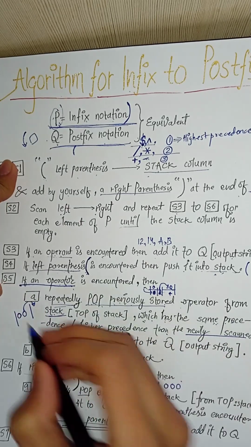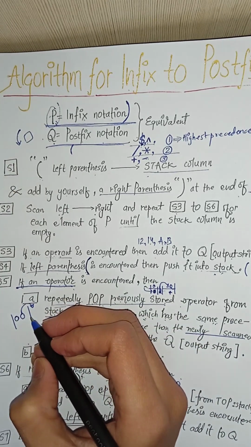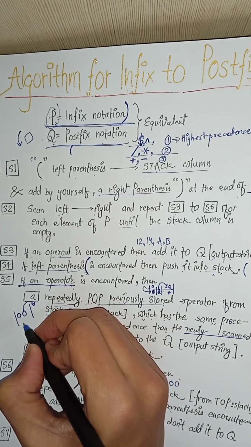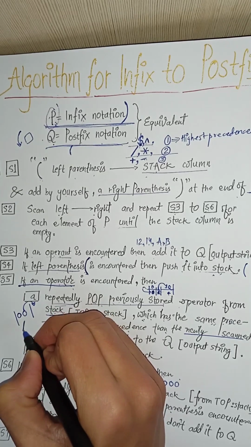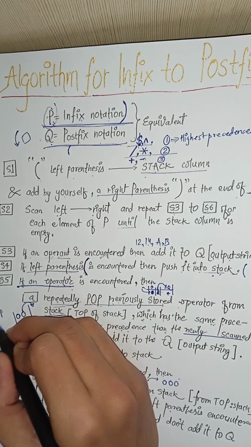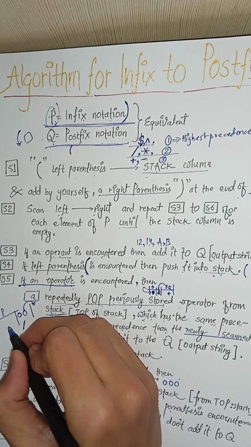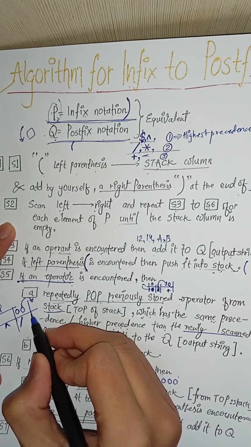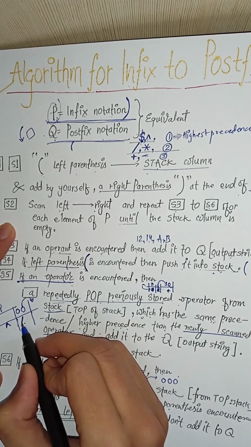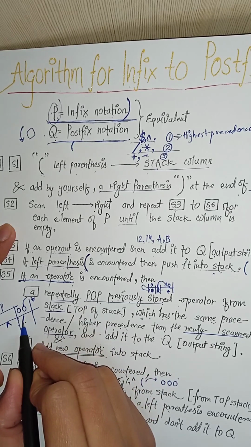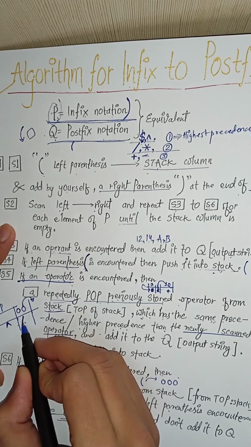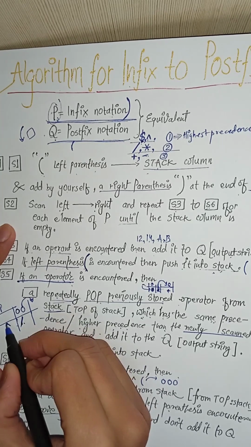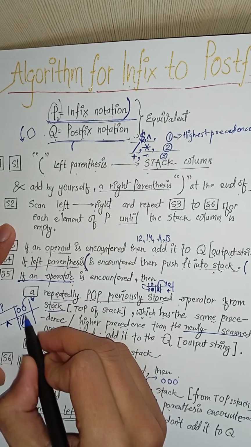We will look at this more clearly in an example, but suppose for a while there is already a division symbol in the stack, and from P you get a symbol of power. You look at the previously stored operator in the stack column. If it has higher or the same precedence as the newly scanned operator, then you have to pop it.